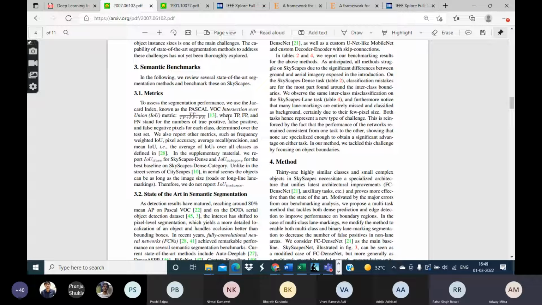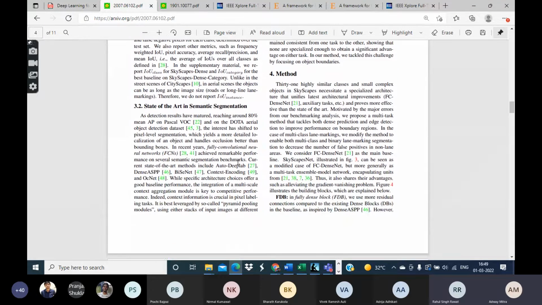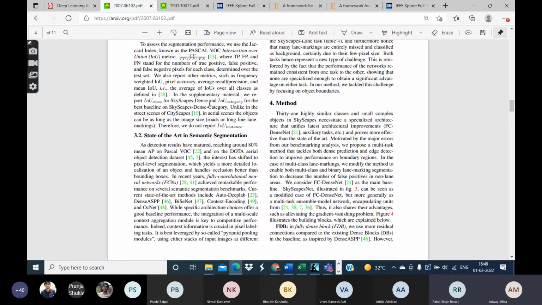Based on this we have the concepts of true positive, false negative, etc. Based on that they have defined an intersection over union metric, which is like true positive divided by true positive plus false negative. These are basically different variations of the standard precision and recall, and they have used these for specific purposes.